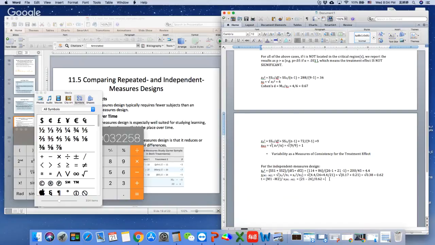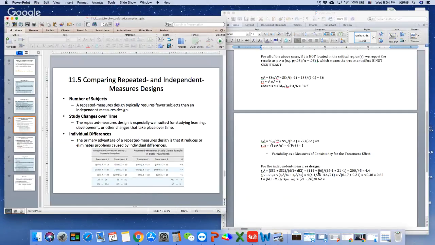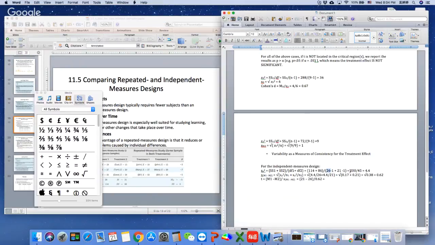Did I do the computation correctly? Ah, here I know what's wrong.